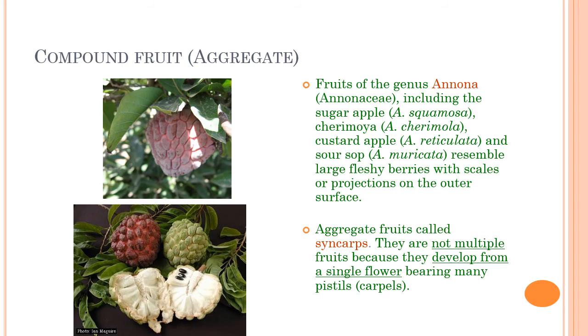Another form of aggregate is the annona, also a single flower but with more than one ovary, like this one here. So the fruit is more than one ovary. That's why it is called aggregate fruit. This particular fruit is also called a syncarp, but they are aggregate. Okay.